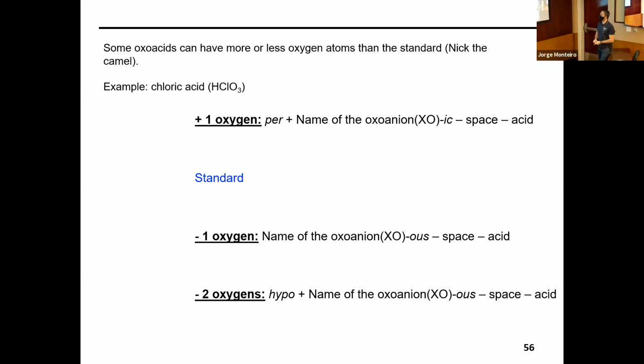And it's possible to go in the opposite direction as well, losing oxygens. So from the standard, we can lose one oxygen, and this becomes HClO2.